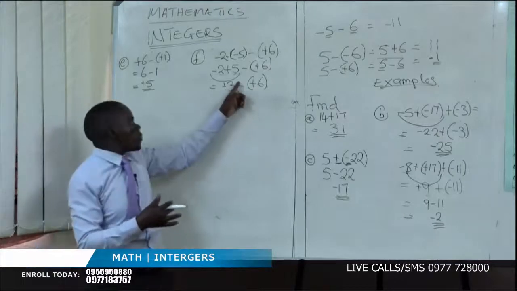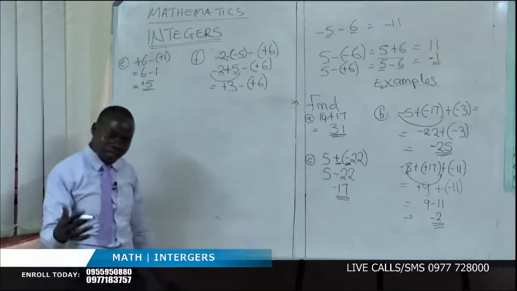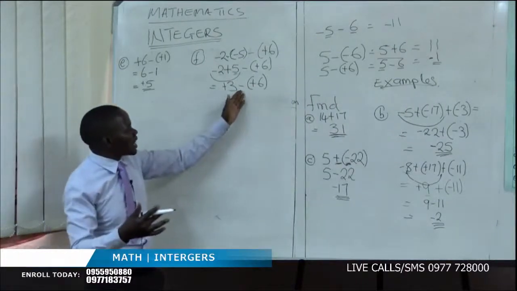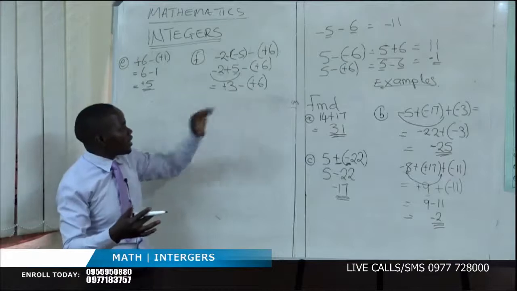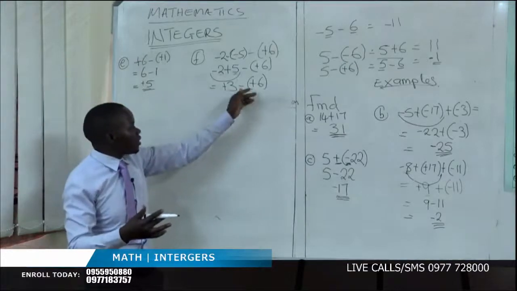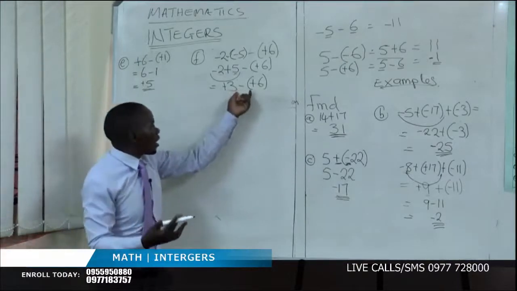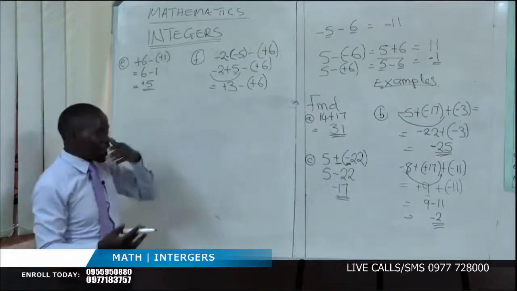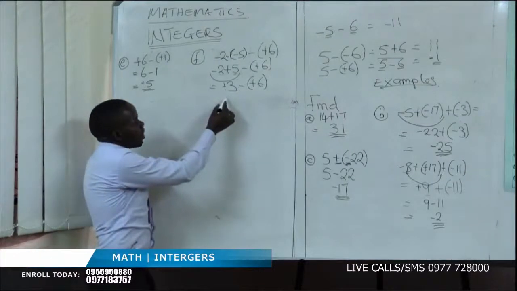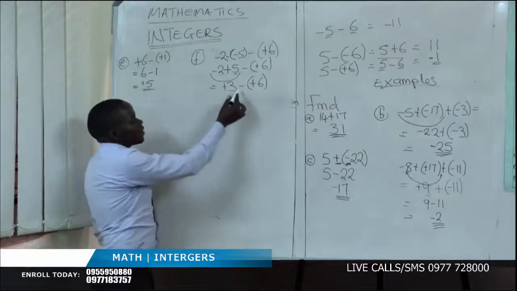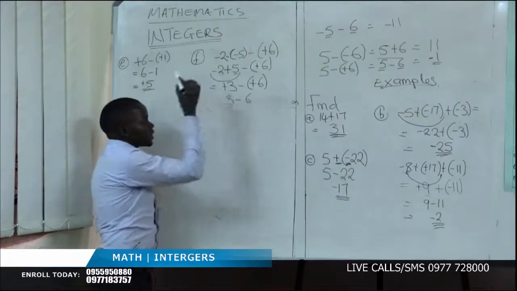And once you have got positive, positive, it will be positive. That's the meaning of having consecutive signs which are unlike, the way it is here; it will be negative. So in this case, we are going to have 3 minus 6.